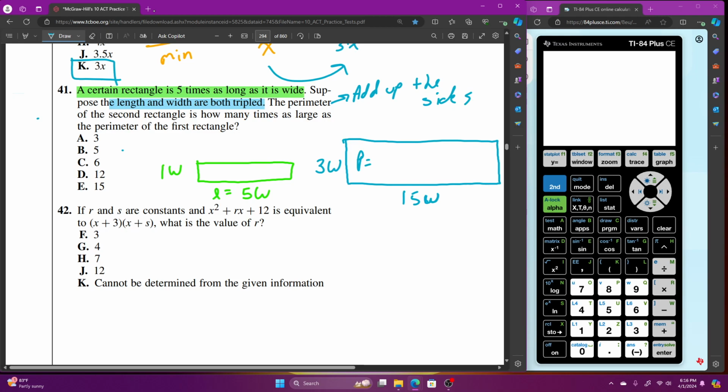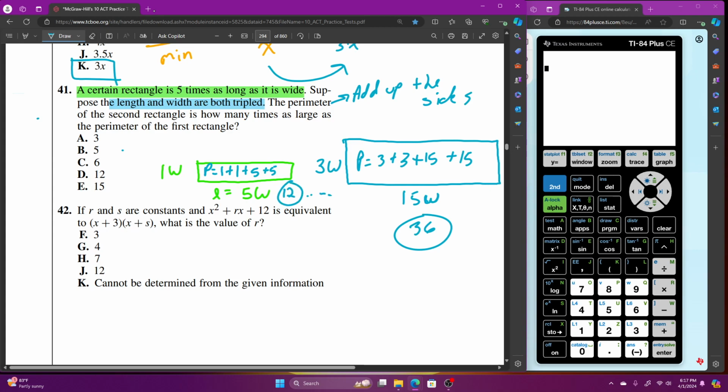So our perimeter equals 3 plus 3 on the sides, and 15 across the bottom, and 15 across the top, which is 36. And our perimeter over here is 1 plus 1 on the sides, and across the bottom and the top, 5 plus 5. 5 plus 5, 10, 11, 12.